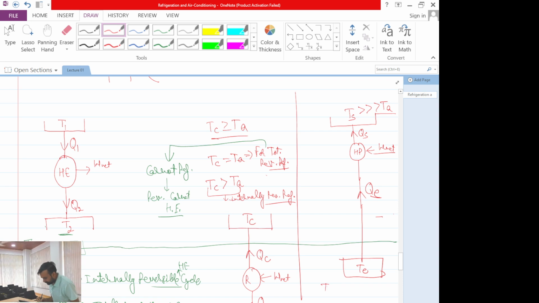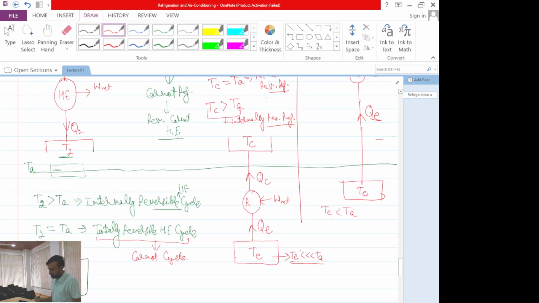So when TE is less than T atmospheric, then my heat pump cycle is an internally reversible heat pump.